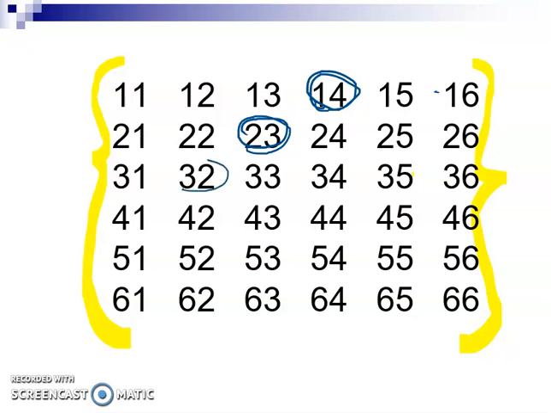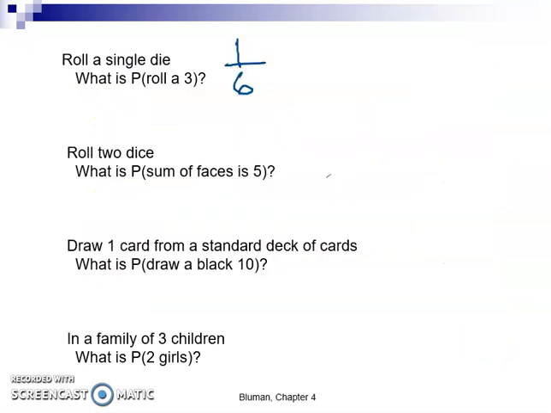That's 5. 3 and 2. 4 and 1. So I've got 1, 2, 3, 4 outcomes that will produce a 5 out of 36 total outcomes. So to get that answer, it's going to be 4 out of 36, which is 1/9. And you do want to reduce fractions.